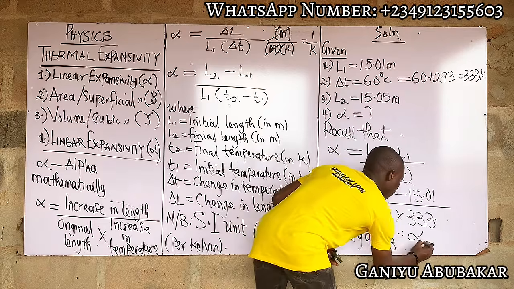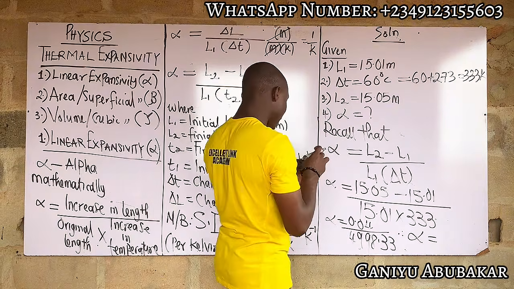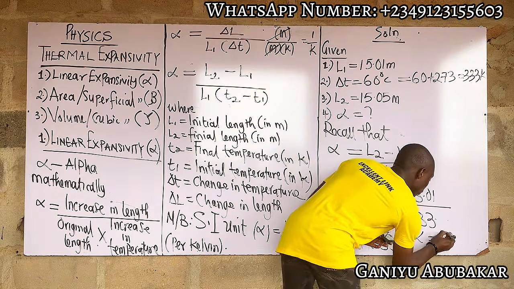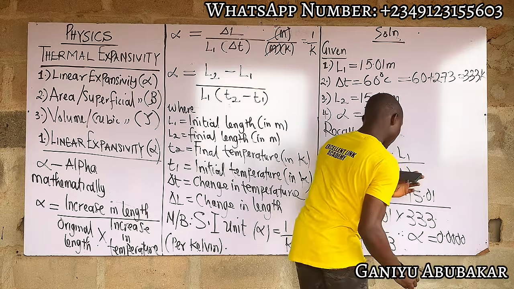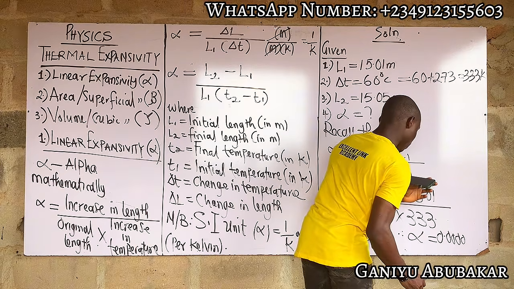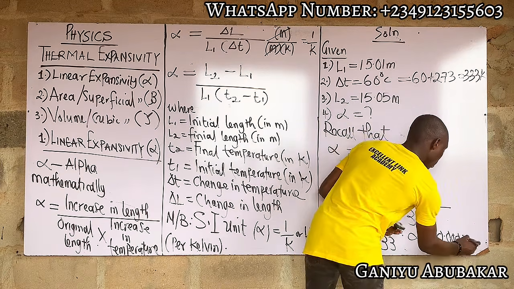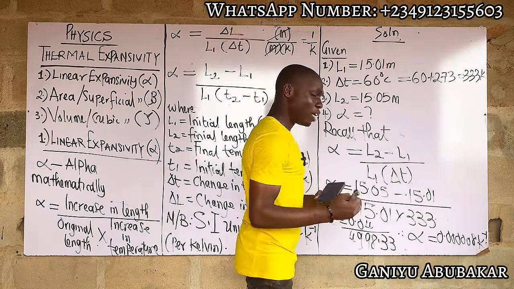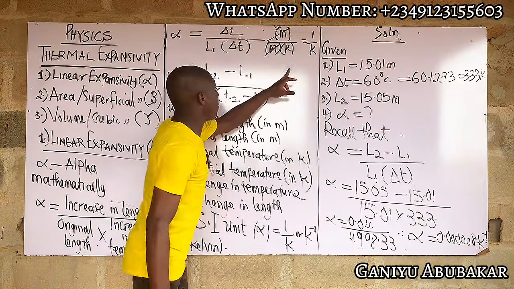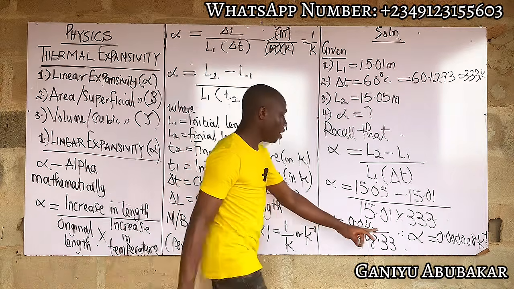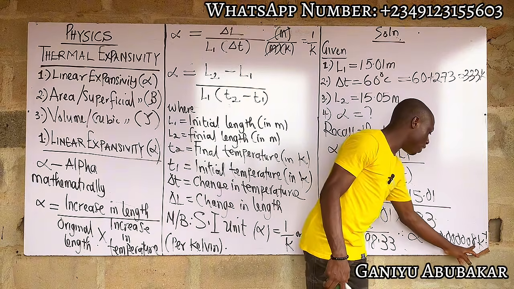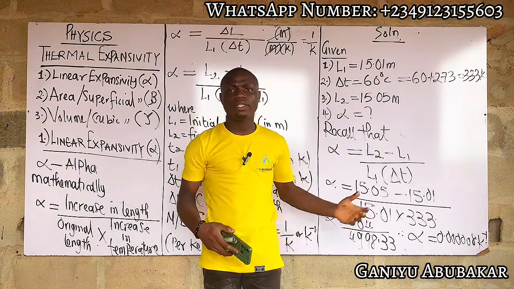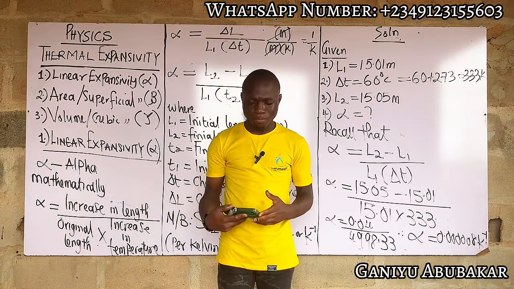From here, alpha is equal to the numerator divided by the denominator, which gives 0.00012345. Note that the SI unit for linear expansivity is per Kelvin, as we said earlier. So I have 0.000008 per Kelvin. This becomes your answer to this particular problem.